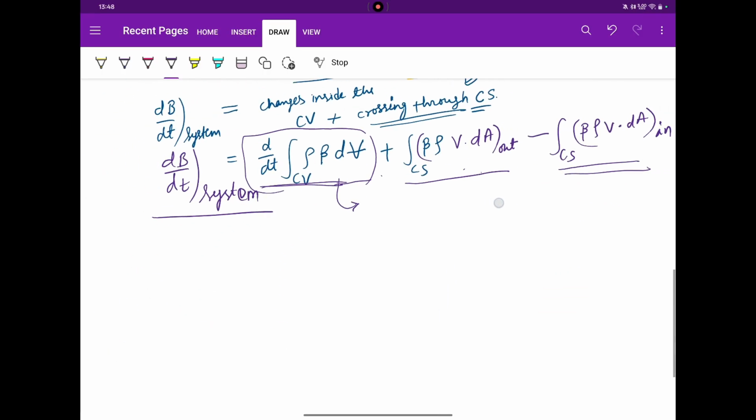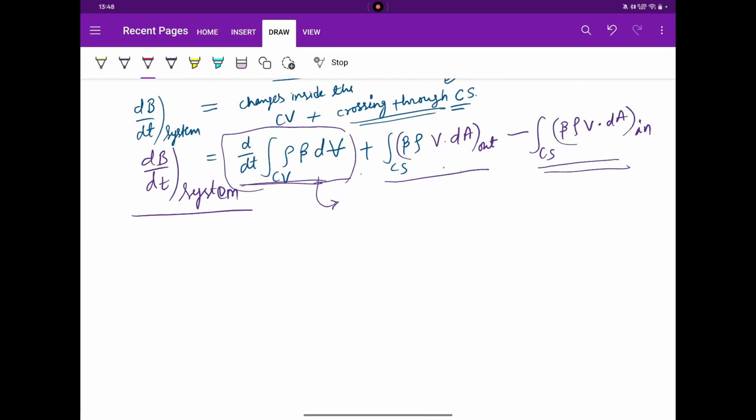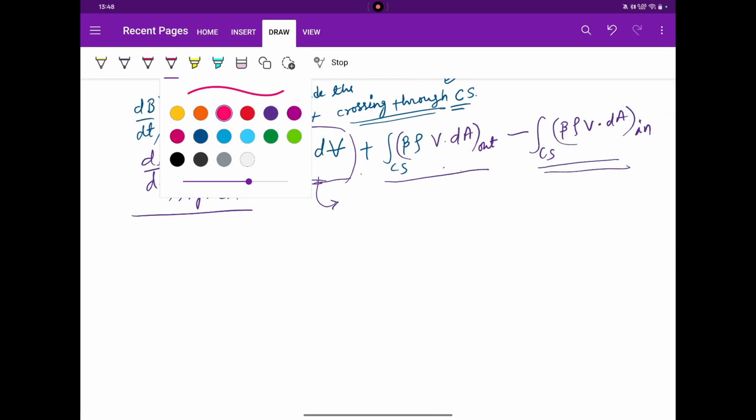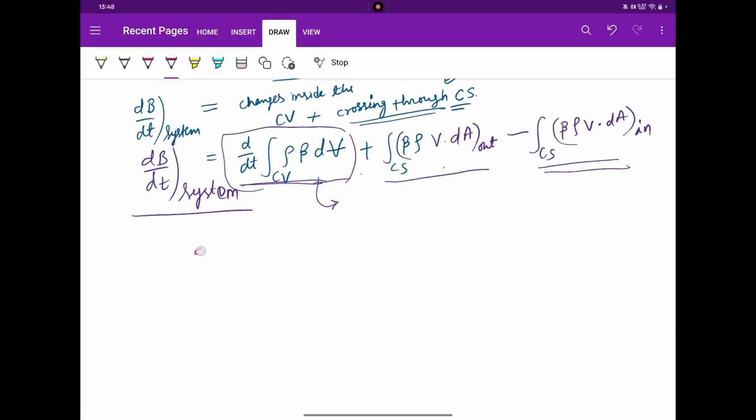Okay, so if you want to write it in a compact manner, you can further write dB by dt of the system is equal to d by dt of the control volume integral of rho beta dV plus.